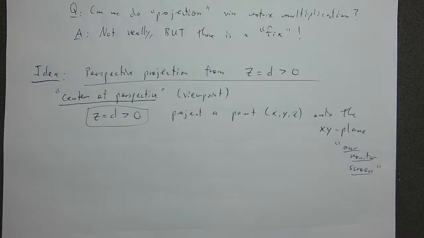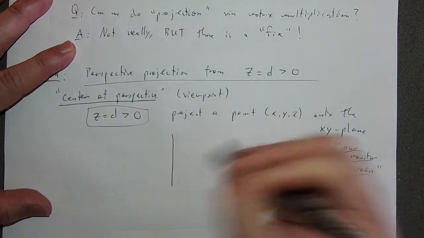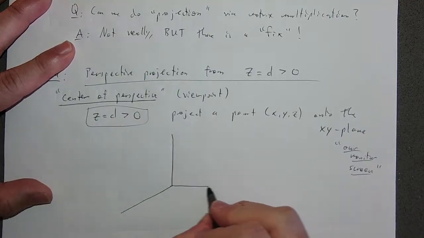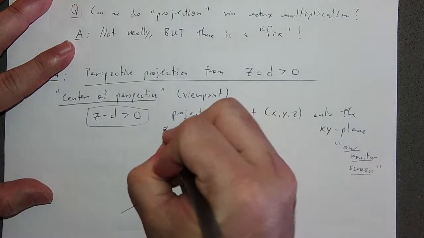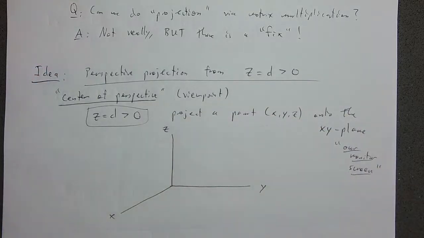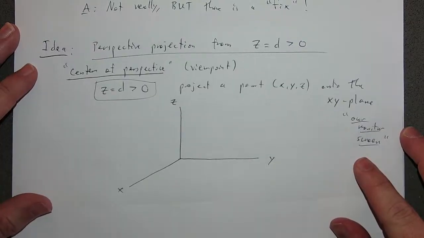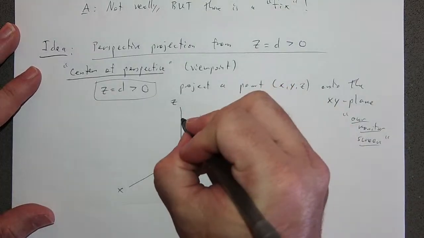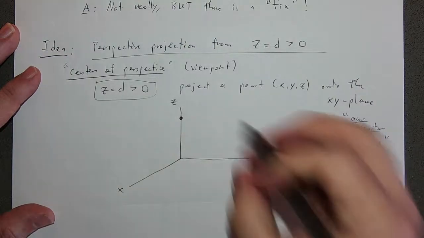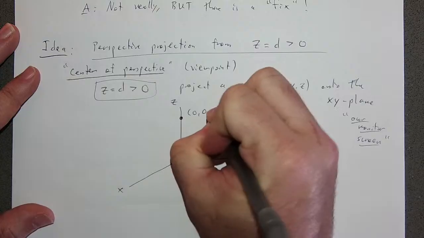So then what does this look like? All right, let's draw our picture here. So here's z, here's x, here's y. Okay. Now, here's my point at height d, so 0, 0, d.